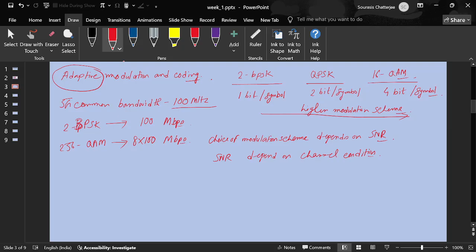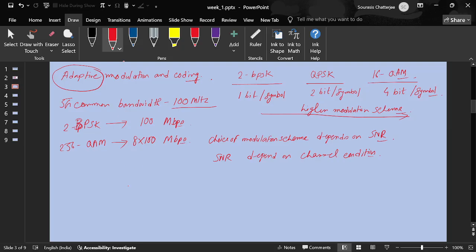So now is a good time to ask you, for example, consider downlink communication. Downlink communication is a scenario when the base station transmits towards the users, right? So my question is, how does the base station know what modulation scheme to use for a particular user?